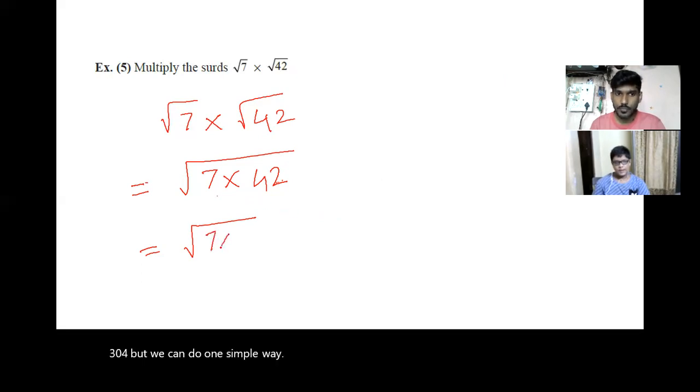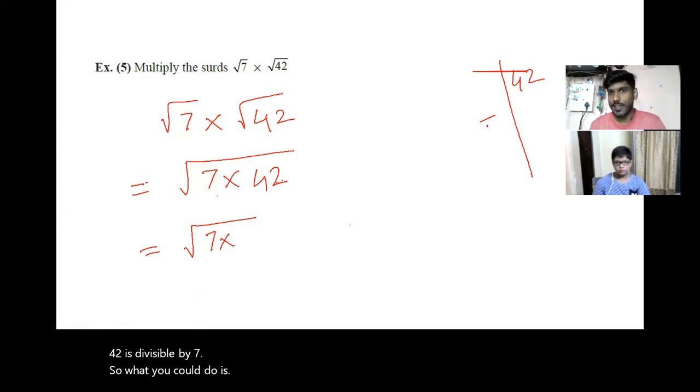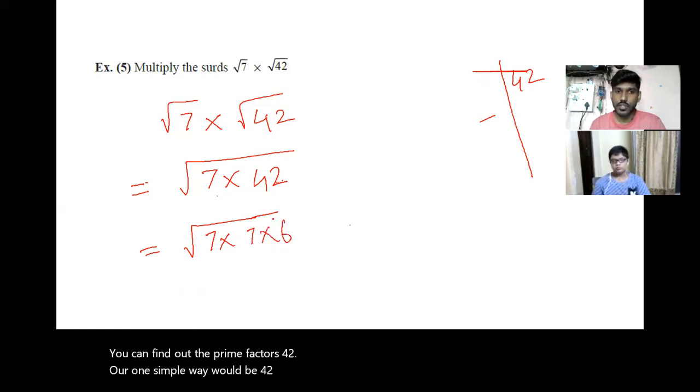This 42 is divisible by 7. So what you could do is find out the prime factors of 42, or one simple way would be 42 is 7 into 6.